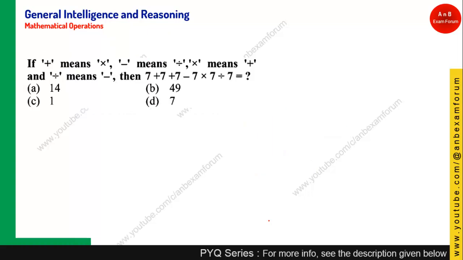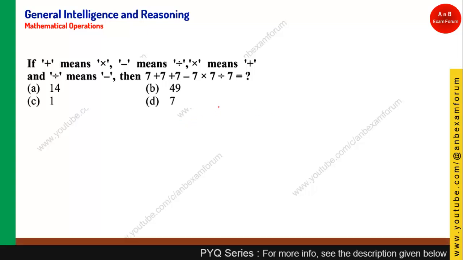Let's see the next question. It is again from the category interchange of the mathematical symbols. Let's solve this problem. Okay, so plus 7, plus means what? Plus means multiplication. Okay, so 7 multiplied by 7, again multiplied by 7, and minus means division.